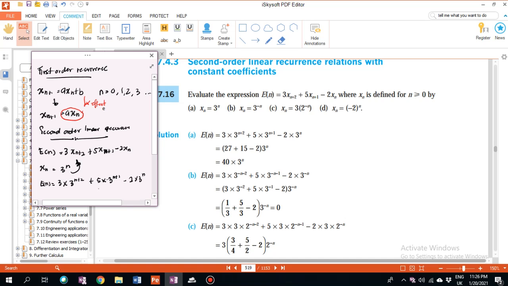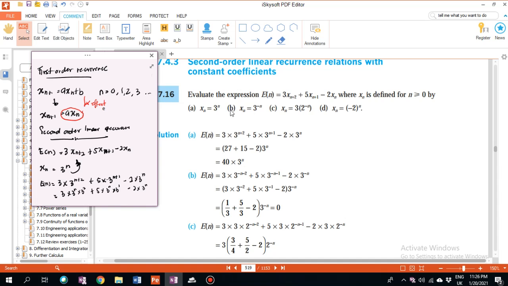Here you can simplify, so it becomes 3 times 3^n times 3 to the power of 2, plus 5 times 3^n times 3 to the power of 1, minus 2 times 3^n. From here you will get this value.